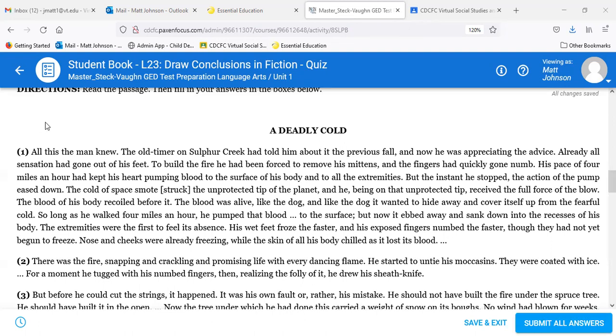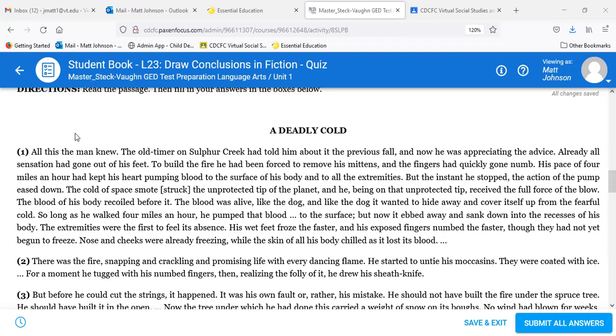But now it ebbed away and sank down into the recesses of his body. The extremities were the first to feel its absence. His wet feet froze the faster, and his exposed fingers numbed the faster, though they had not yet begun to freeze. Nose and cheeks were already freezing, while the skin of his body chilled as it lost its blood.